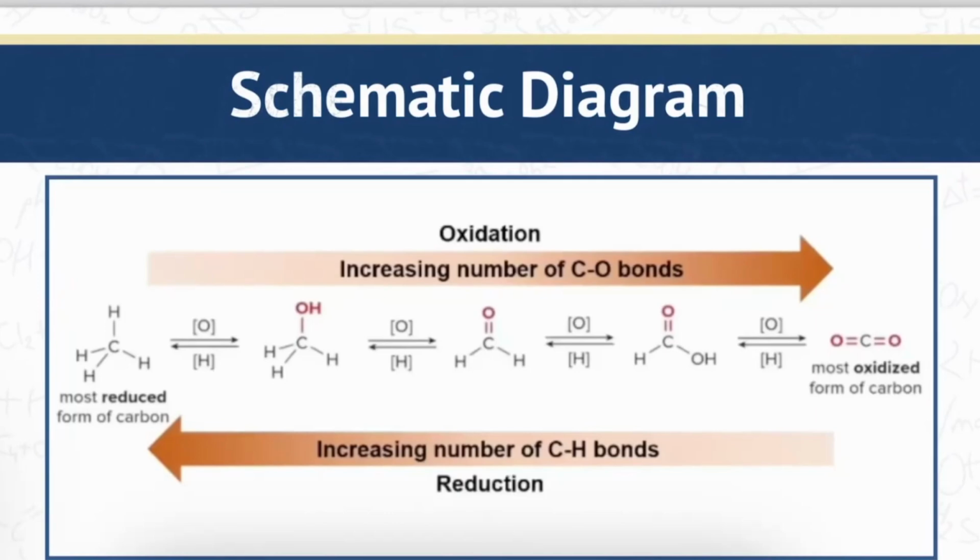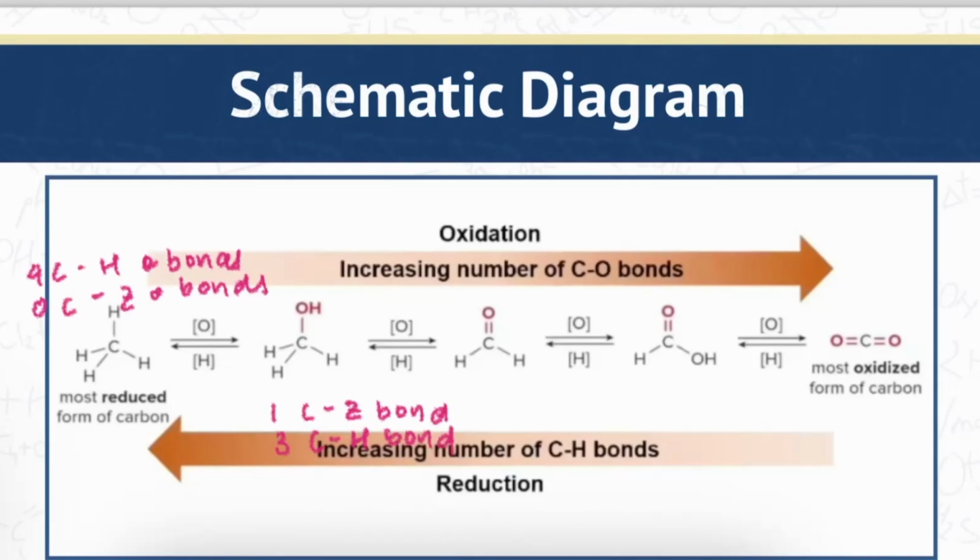So let's take methane as an example. It has 4 carbon-hydrogen bonds and 0 carbon-heteroatom bonds, making it the most reduced form of carbon. So when we oxidize methane to form an alcohol, we introduce 1 carbon-oxygen bond, and we have the remaining 3 carbon-hydrogen bonds.